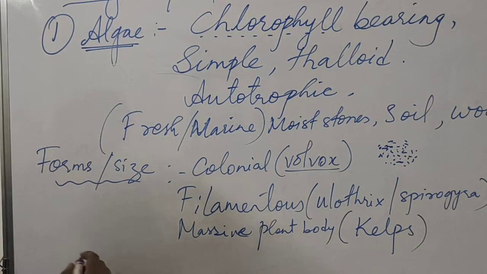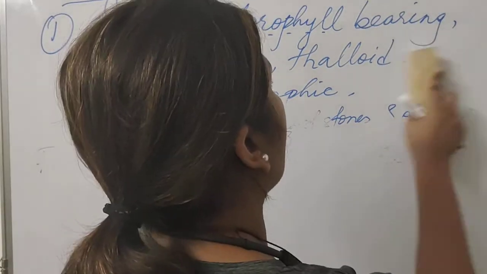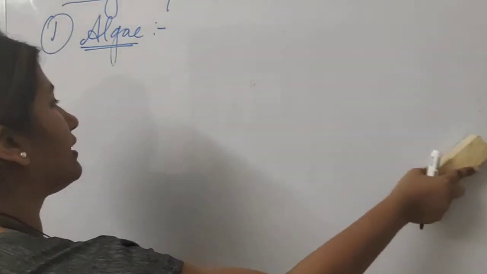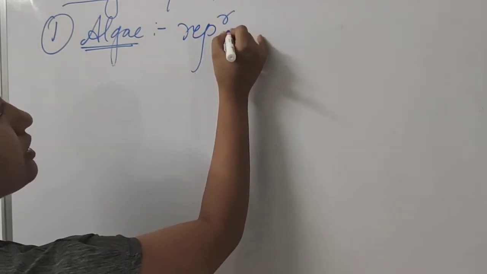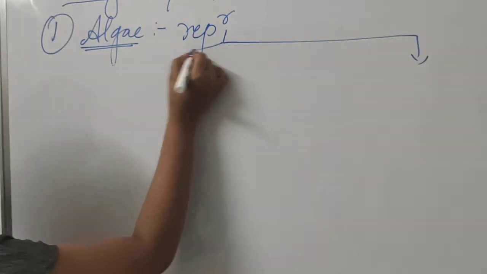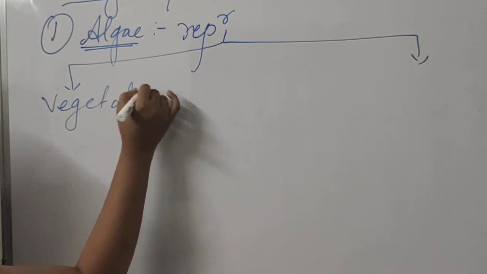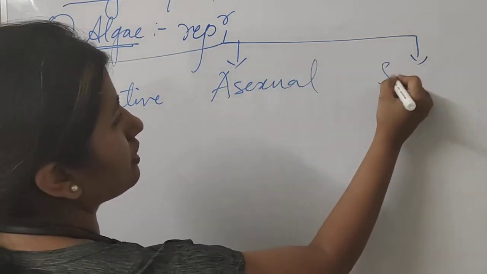And then their mode of reproduction. We will be seeing the classes of algae, and there are 3 classes of algae, and in all these 3 classes their mode of reproduction is the same except the last one, Rhodophyceae. We will see that. So algae basically reproduce by 3 means: vegetative, asexual and sexual.